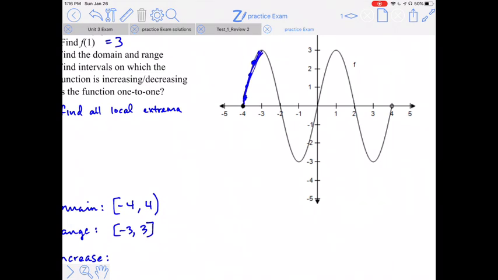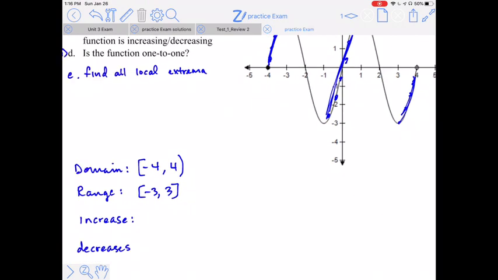The y values are getting larger. Same thing here. These points along this part of the graph have increasing y values, so that's an increasing part of the graph. And then these points here have increasing y values as x increases. So all three of those pieces represent increasing portions of the graph.